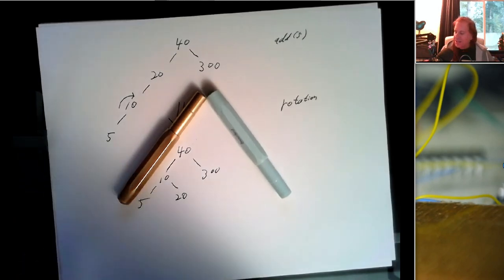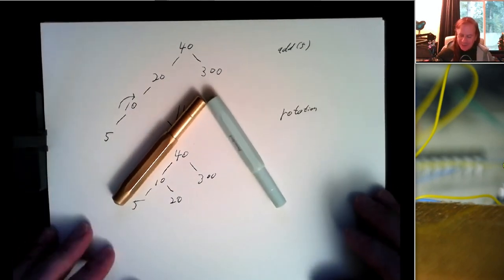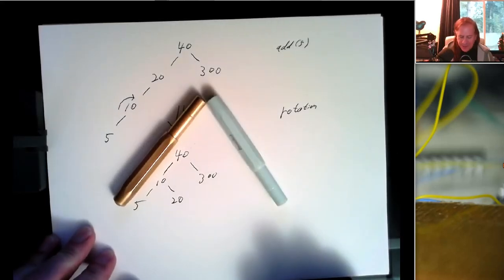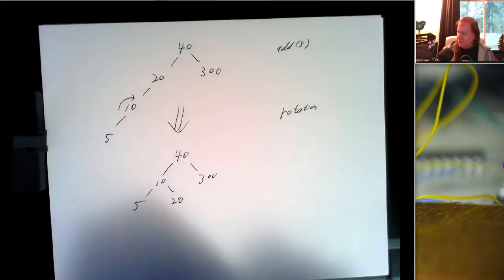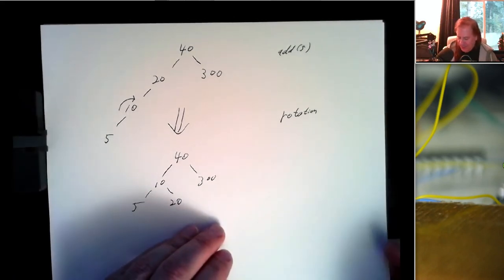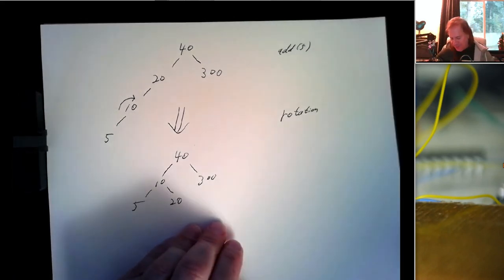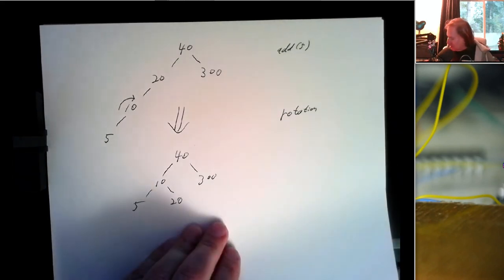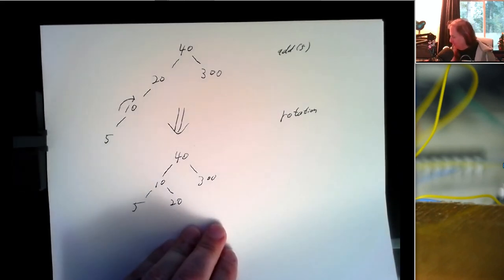So that's the essence of how all of these rotations are going to work. And the whole trick now is knowing how we should rotate and where we should rotate and when we should rotate to take a tree that's unbalanced and turn it into a tree that's balanced.